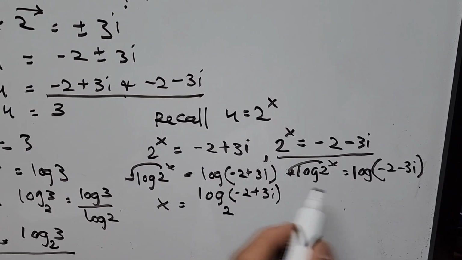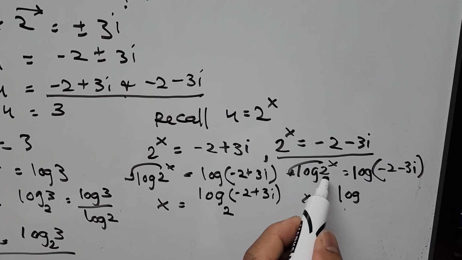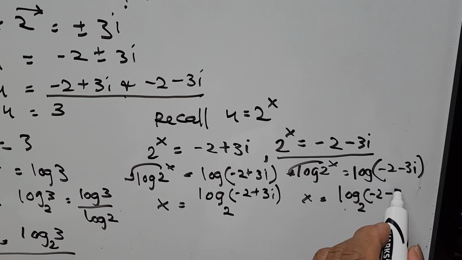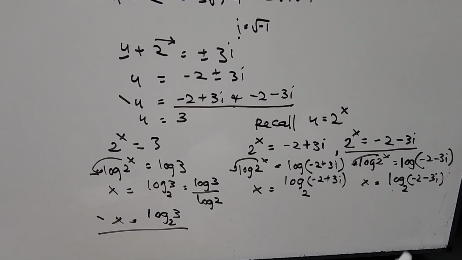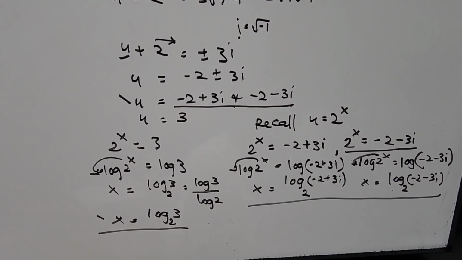Taking the value of x again, x is equal to log base 2 of negative 2 minus 3 times i. So these two are the values of x in complex form, and this is the real value of x, and the other two are the imaginary values of x in complex form.